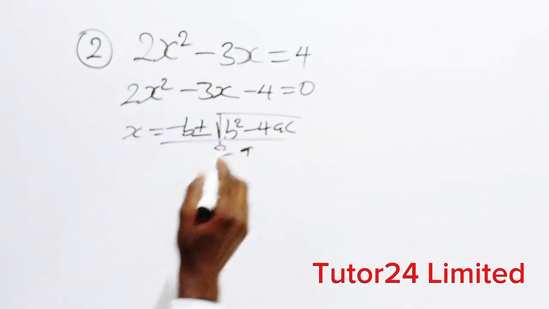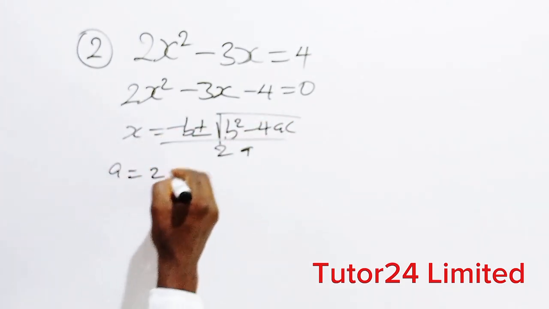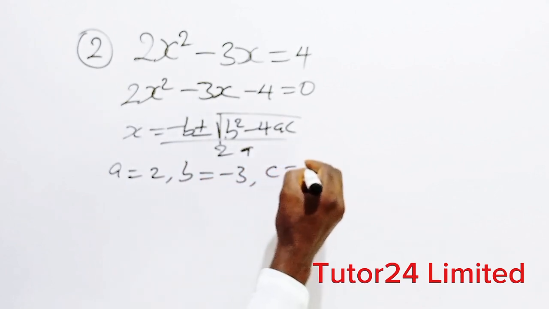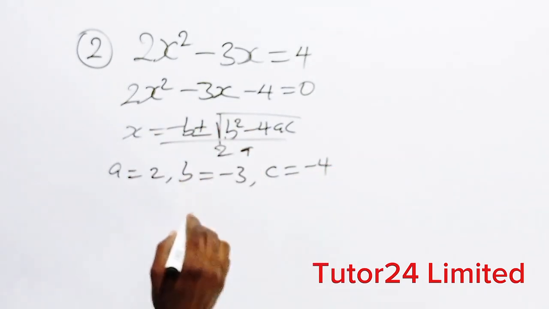Now let's identify our a, b, c. Our a is equal to 2, b is equal to minus 3, and c is equal to minus 4. Now we are going to plug all this into the formula.